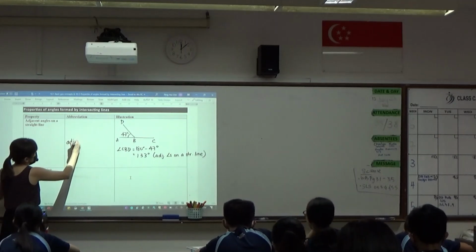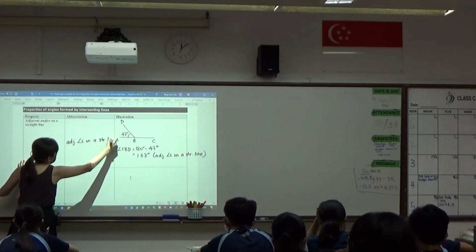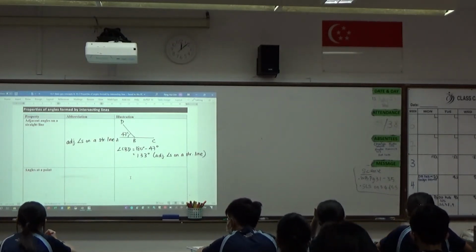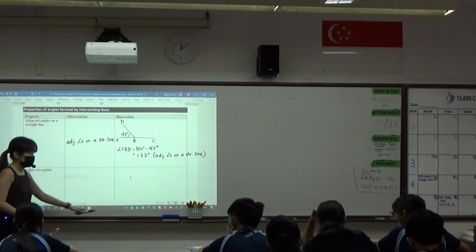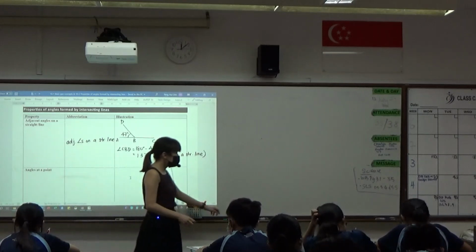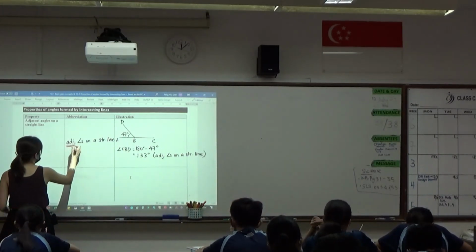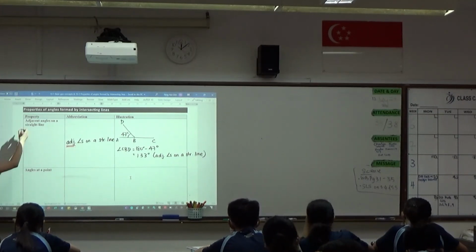It is called adjacent angles on a straight line. The word straight can be spelled as STR. The word adjacent can be spelled as ADJ. You must have the word adjacent, because adjacent means that it is beside.